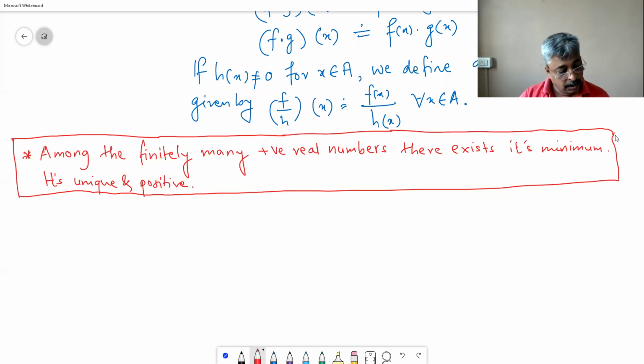Okay. So the job that we need to do now, having defined the algebra of limits, is to check what happens to the limits.